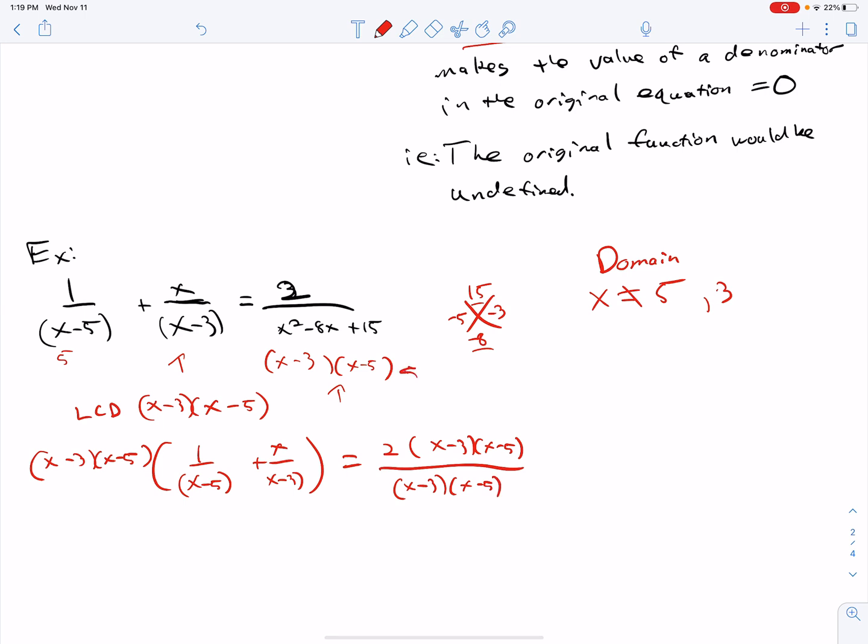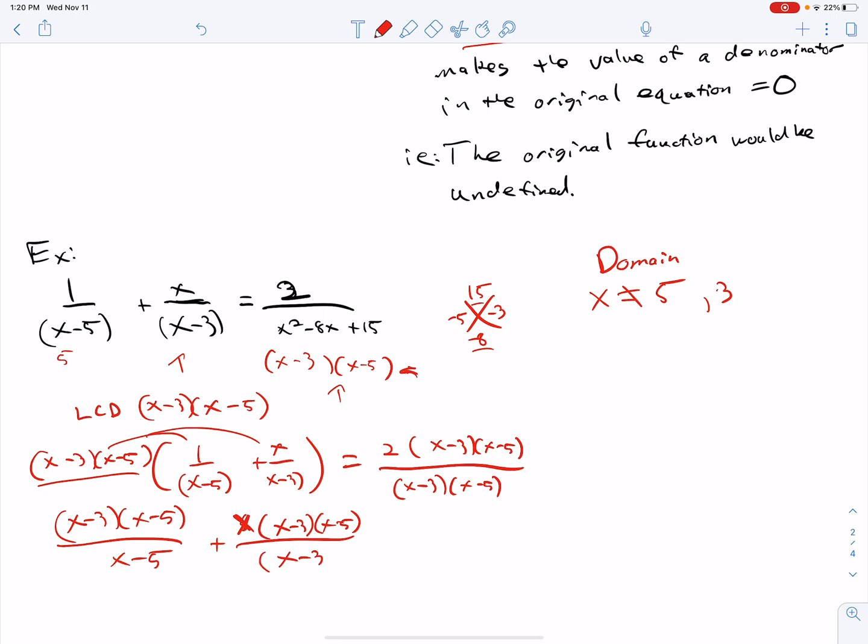That's our factored form right there. So we're going to multiply this by both. So that's going to leave us with x minus 3 times x minus 5 over x minus 5 plus x times x minus 3 times x minus 5 over x minus 3. And then on the right-hand side, I'm going to simplify already by saying that's going to equal 2.